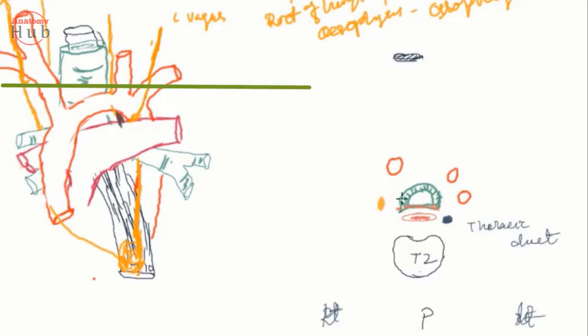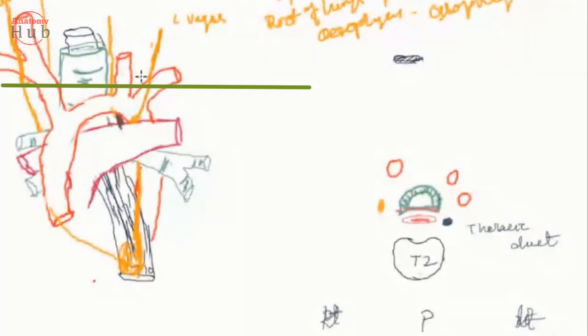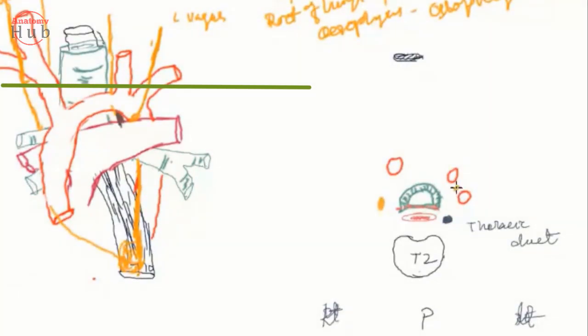But here the left vagus nerve will be present in between the left common carotid artery and the left subclavian artery, right? So here you will find the nerve. This is your left vagus nerve.